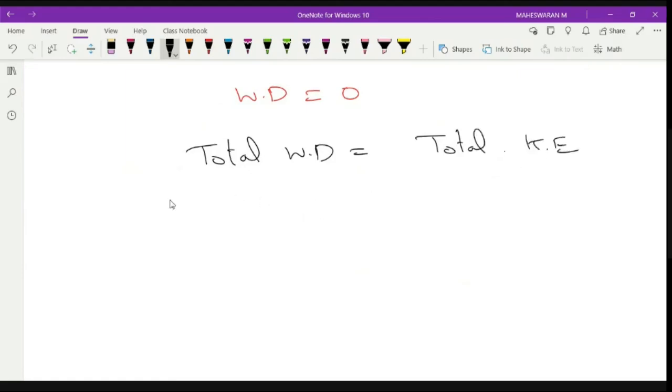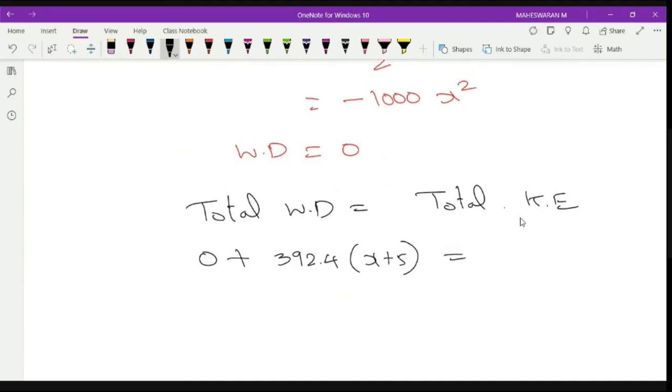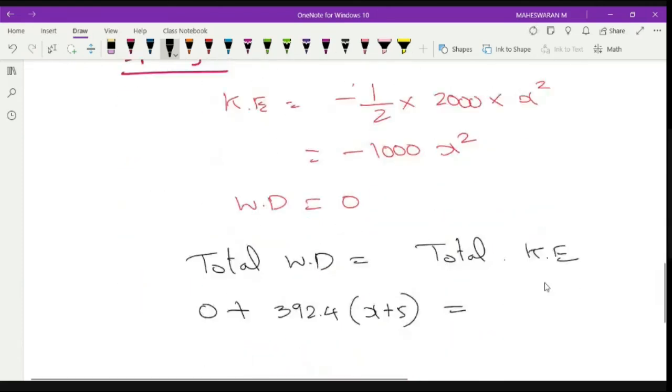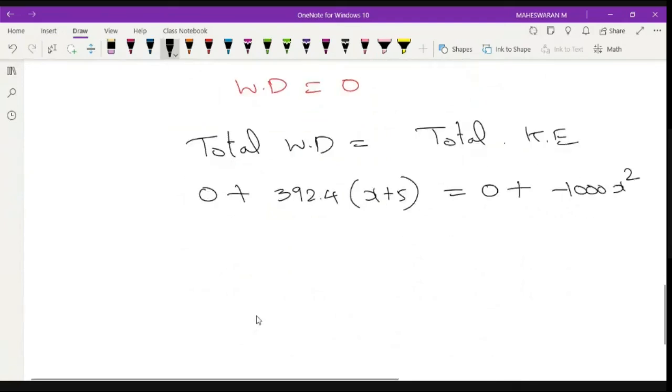Total work done is work done for the spring plus work done for the block. Work done for the block is 392.4 into x plus 5, is equal to the kinetic energy. The kinetic energy for the block is zero, plus the kinetic energy for the spring, which is minus 1000 x square.